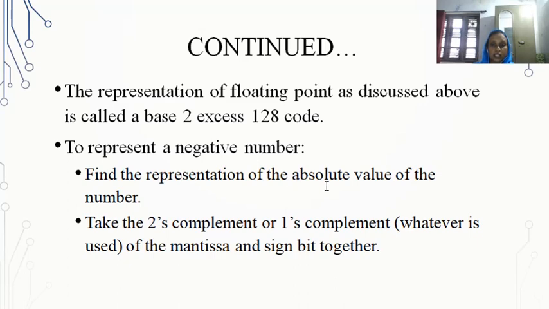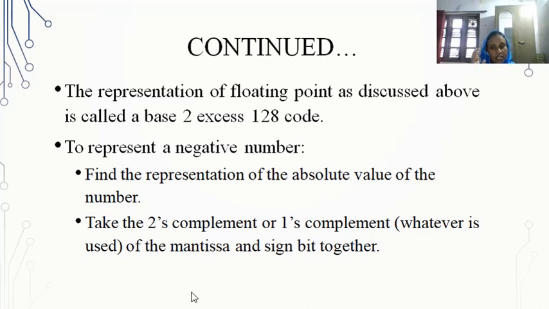Find the representation of the absolute value of the number. Then we have to take its 2's complement or 1's complement, whichever is used, of the mantissa and sign bit together. Hope that you understand how to convert a negative number.